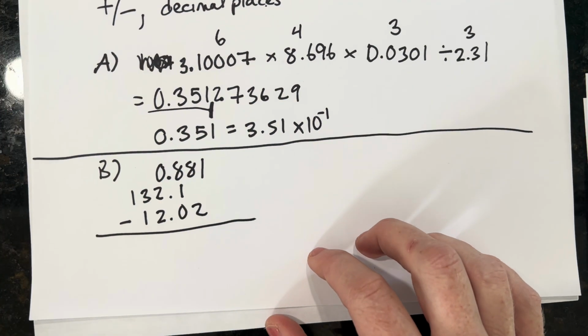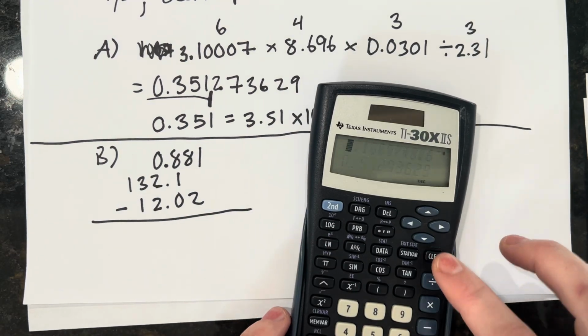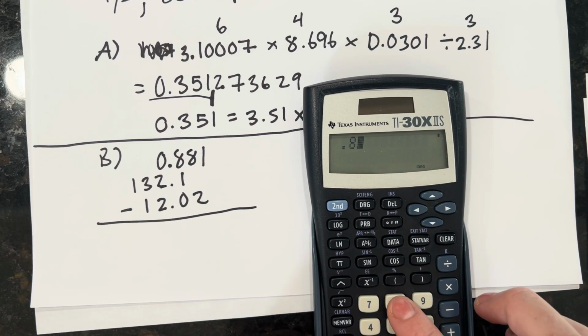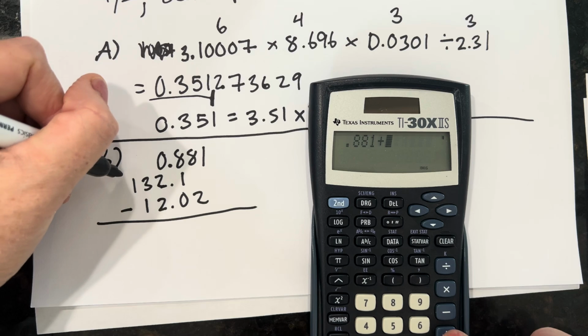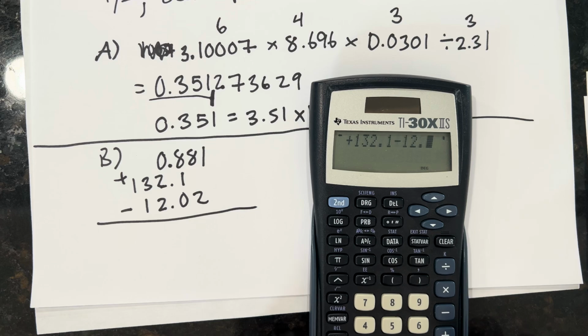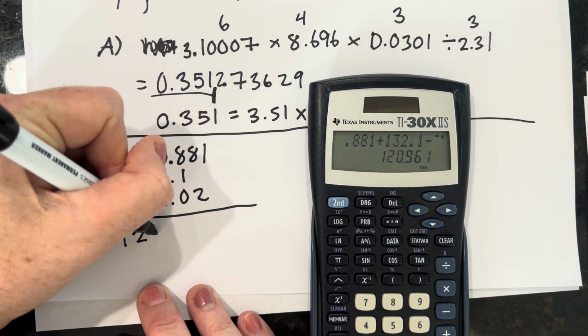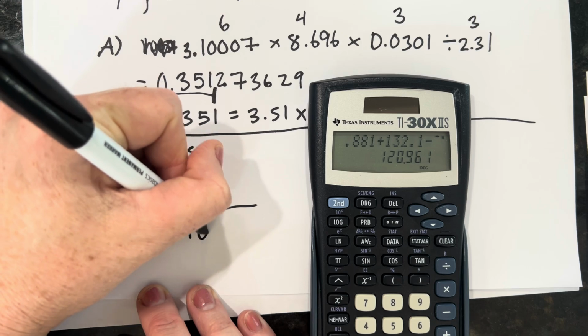So first things first, let's do this. Yes, I could do it on paper, but I'd rather use a calculator here. So 0.881 plus 132.1 minus 12.02. And I get an answer of 120.961.